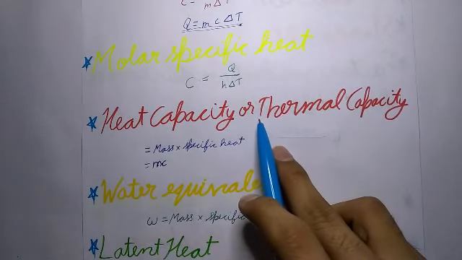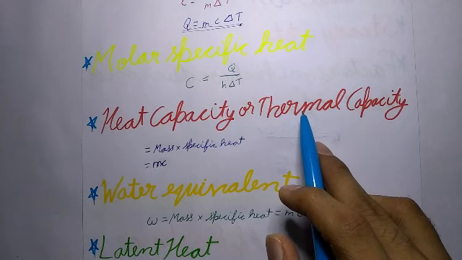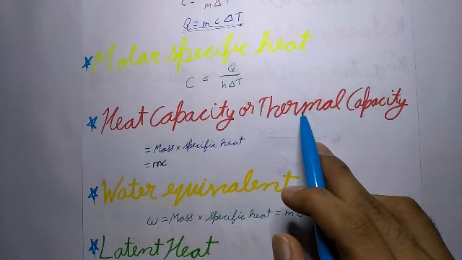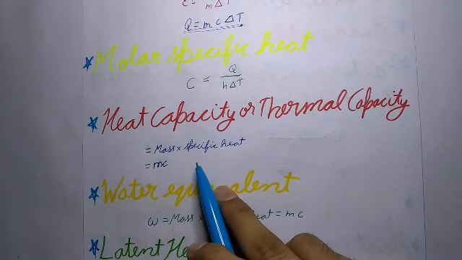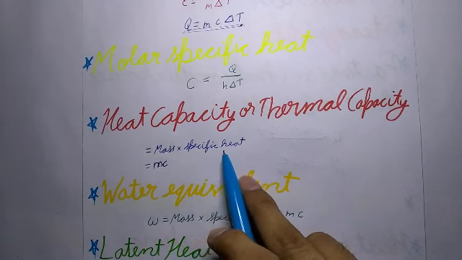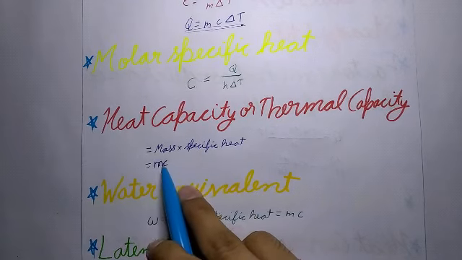Next is heat capacity or thermal capacity. It is defined as the amount of heat required to raise the temperature of a body through 1 degree. Heat capacity equals mass into specific heat, which equals m into c.